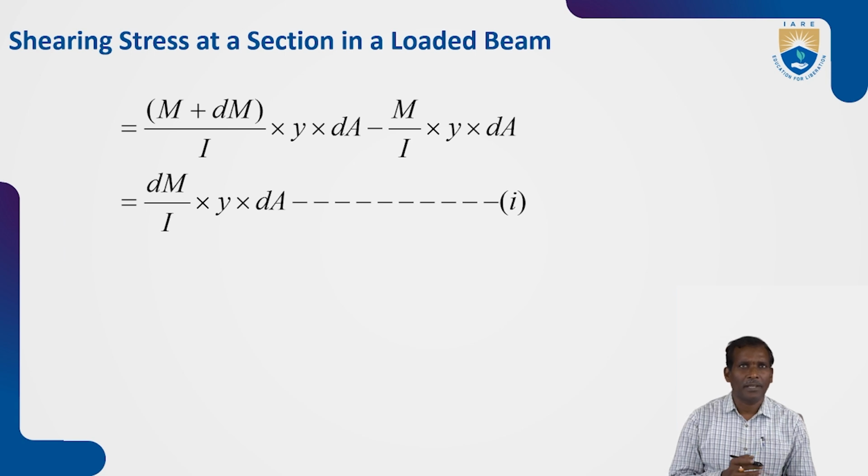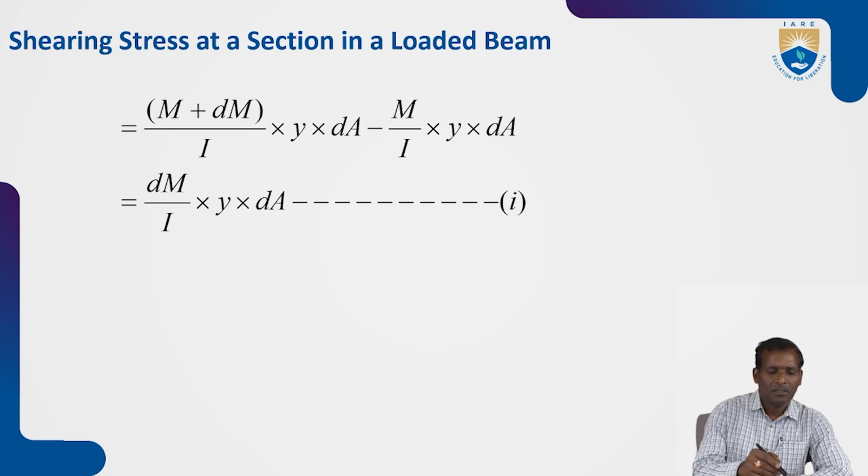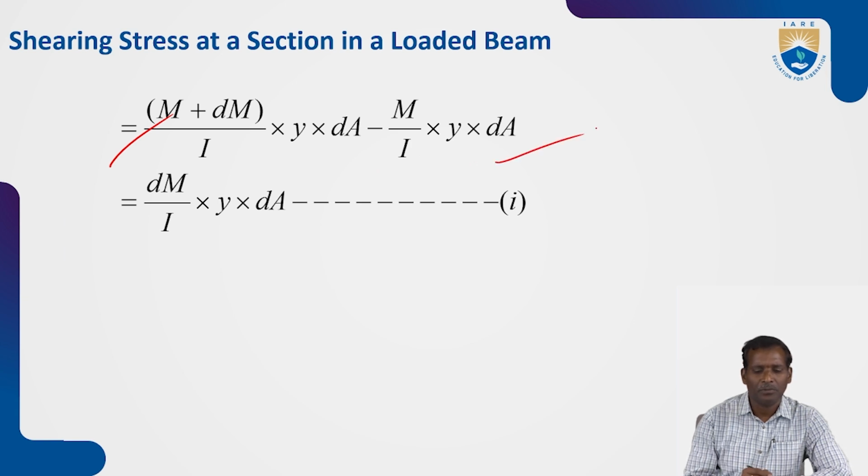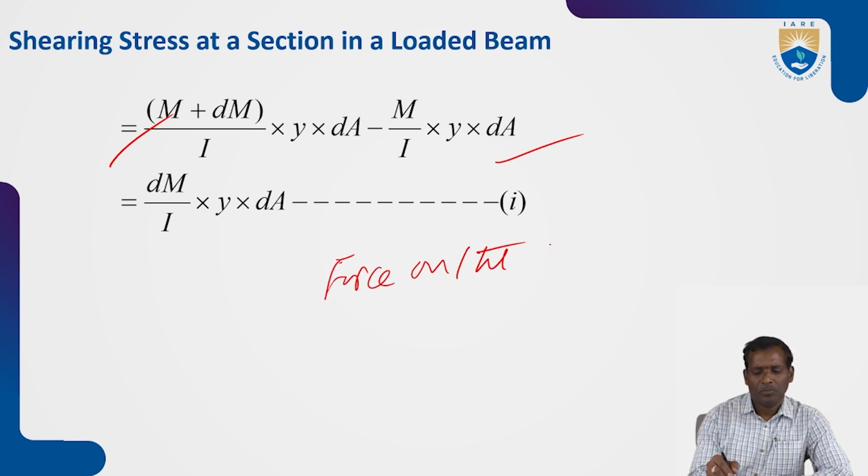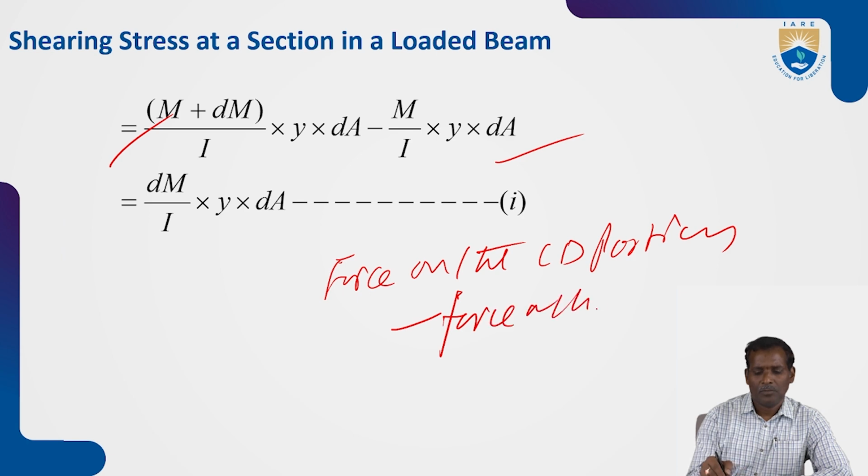So now you can write (M plus dM) by I into y dA minus M by I into y dA. That is, the force on the CD portion minus the force on the AB portion.